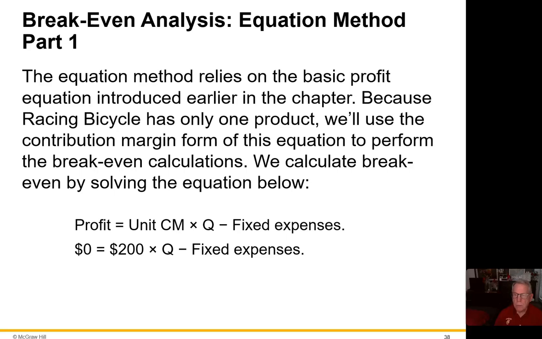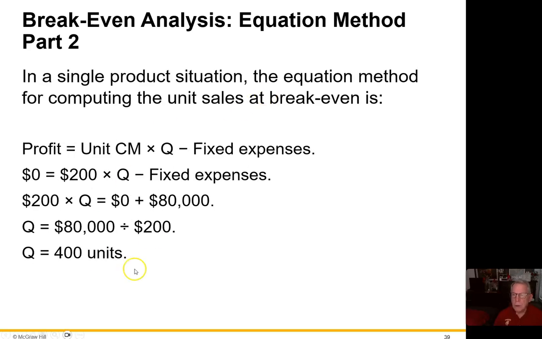So what we're going to do is take the $200, take 80,000 over here to the other side of the equation and multiply 200 times the quantity. And so that is going to be $80,000 fixed cost divided by the contribution margin per unit. A key formula to remember.